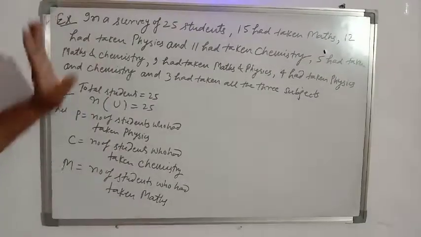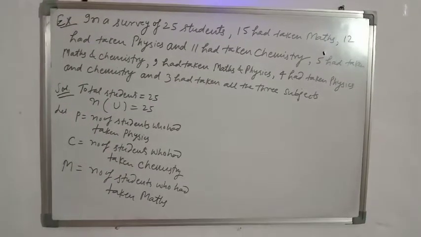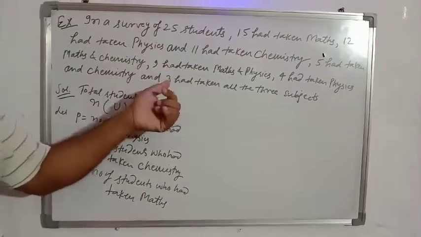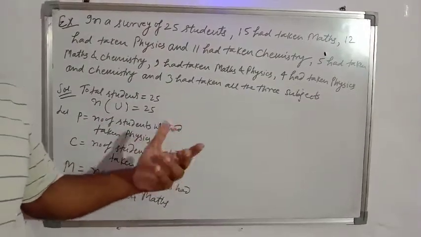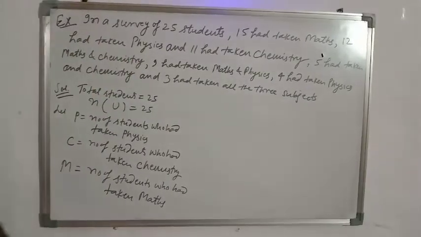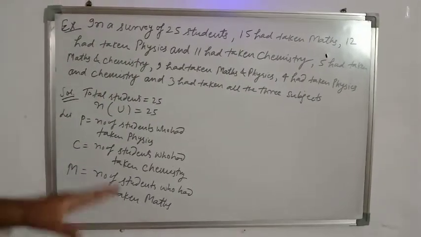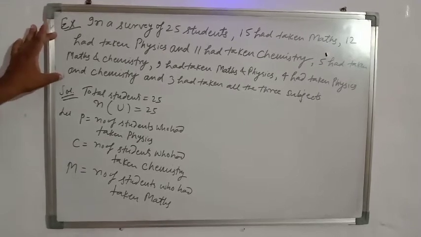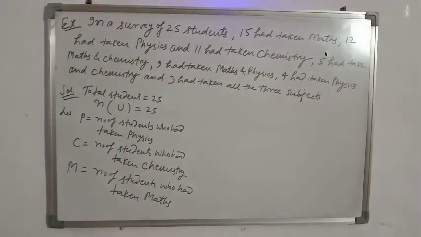So this information is given in the question. With the help of this information, we have to answer some questions, like how many students have taken only math, only physics, only chemistry. So we have to make a Venn diagram according to the question.